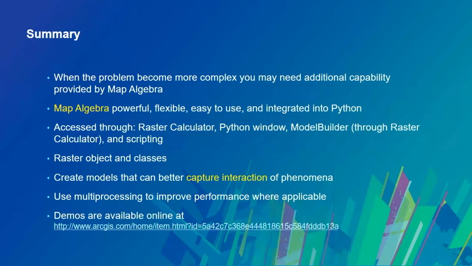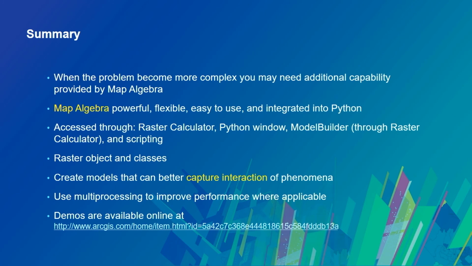With that, let me recap what we have done here, right? Here we came to learn how to do raster analysis using Python. Liz and I have covered all the basic aspects of it. If you summarize everything, what we're trying to tell you is, hey, if you want to do modeling and raster analysis, use Map Algebra, right?